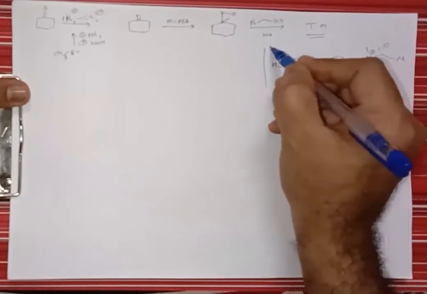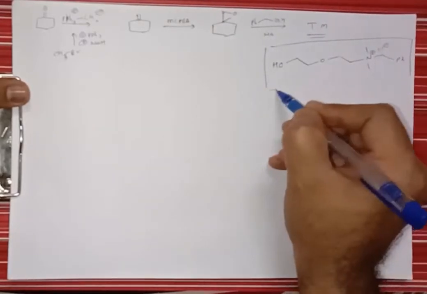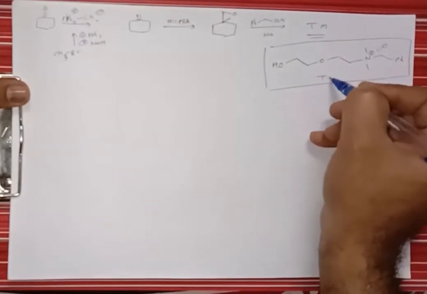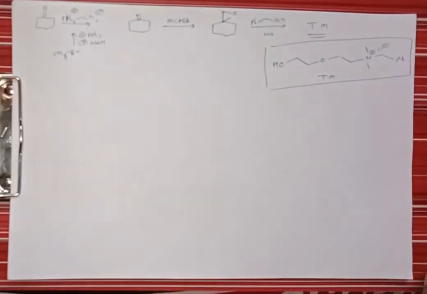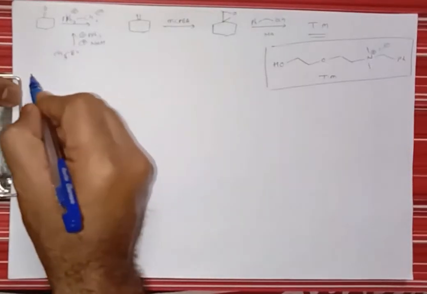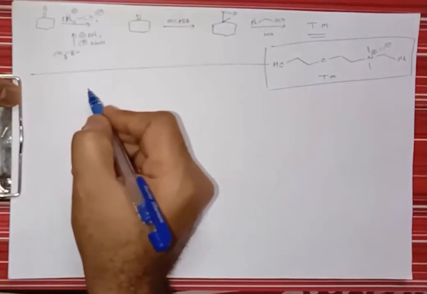So this is the target molecule which you have to try, and try to find the best route by using epoxide as an illogical disconnection.